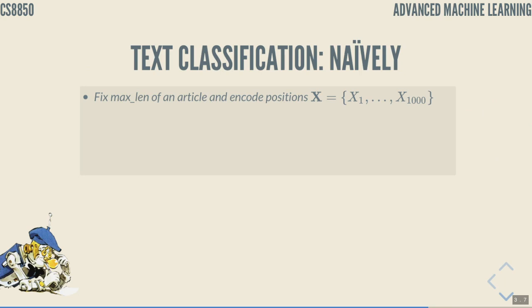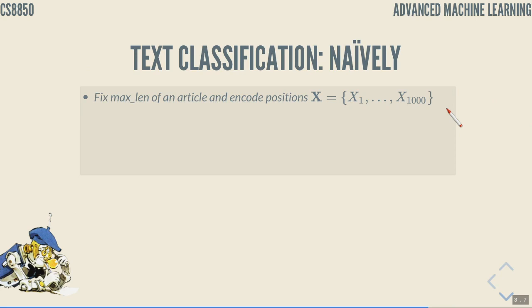So let's fix a max length of an article or an email and encode each position as x1 through x1000. Imagine we will chop all of our emails at 1000 words and encode each position as this vector. So x1 is the word at the first position, x2 is the word at the second position, and x1000 is the word at the 1000th position.